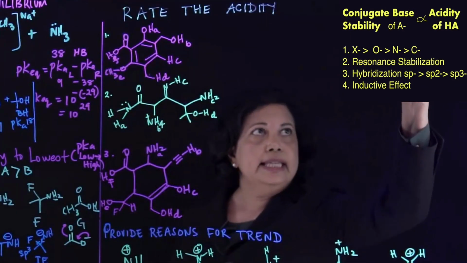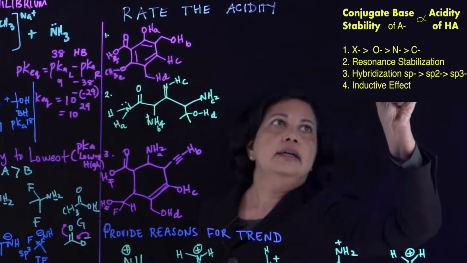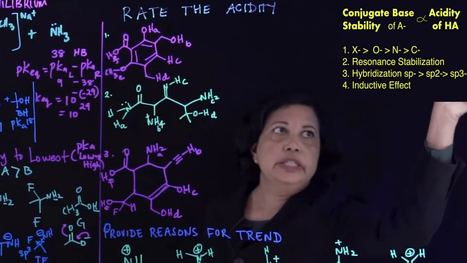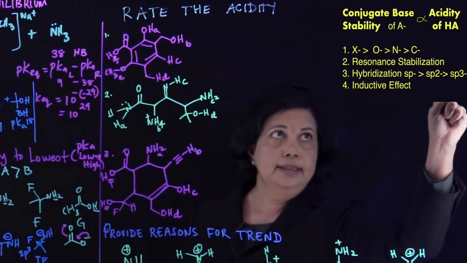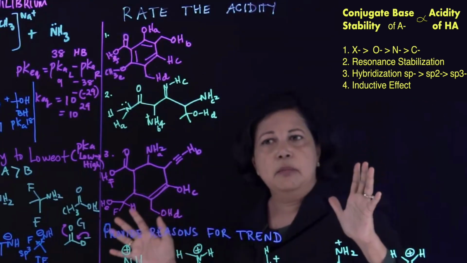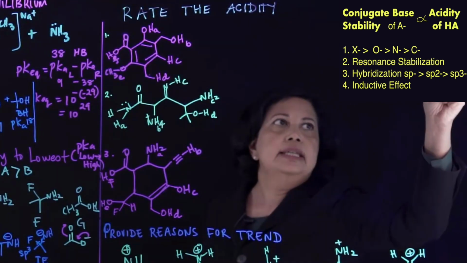We're going to follow the exact same thing. Go down, look at the elements, look at the hybridization and resonance, and then at the very end, look at the inductive effect. The element effect typically has a much bigger effect on pKa than the resonance and hybridization.